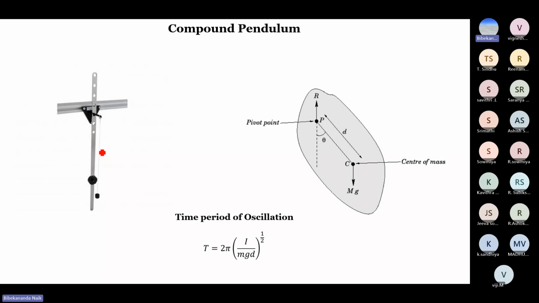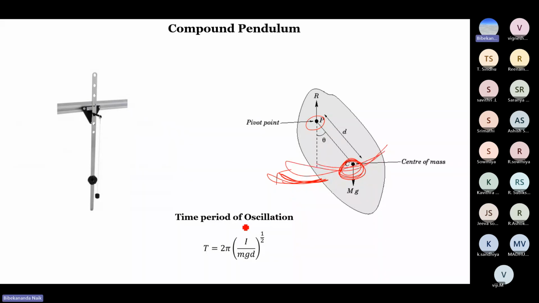In the case of a compound pendulum, suppose this is the pivot point P, and we are oscillating it, and this is its center of mass, where the whole mass of the object is concentrated. Then we first calculate the moment of inertia, because during oscillation it is doing circular motion like this.